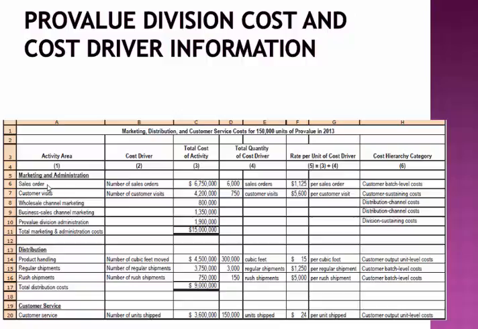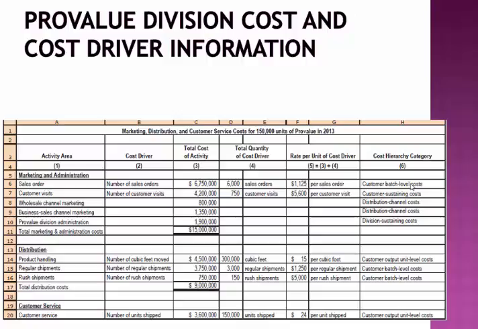Alright, so here we have sales orders. Marketing and administration includes $6.75 million in relation to processing of the sales orders. There were 6,000 sales orders placed during the period. We can take $6,750,000 and divide it by 6,000 to give us $1,125 per sales order.